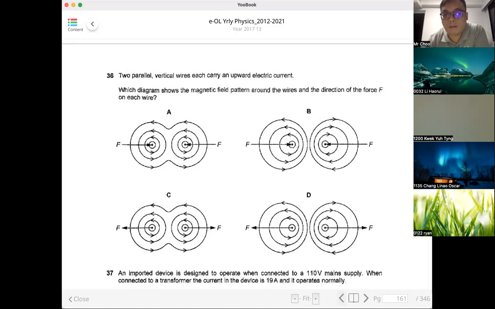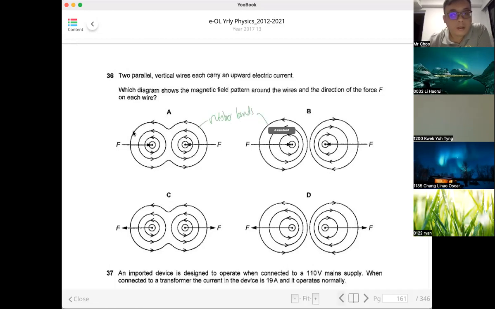Okay, let me see. Ignoring the direction of the magnetic field, we just observe the magnetic pattern. Ignore all the current. Can you see? I told you all to assume these are rubber bands.